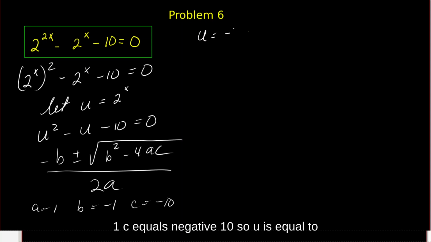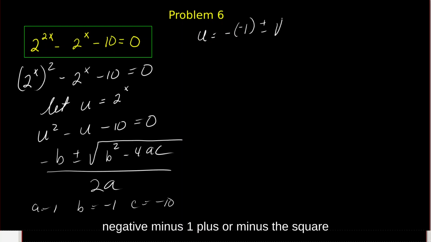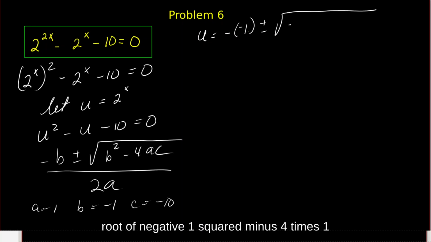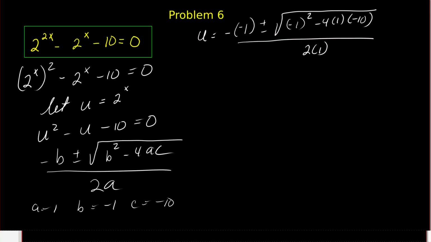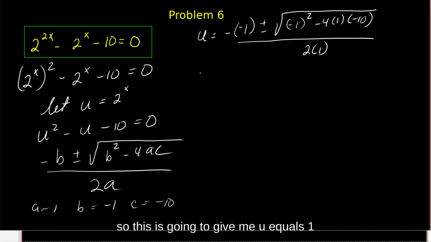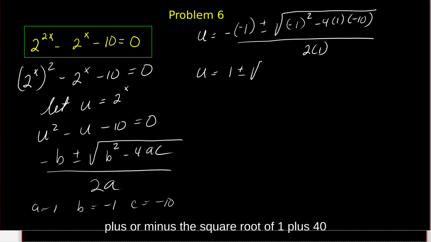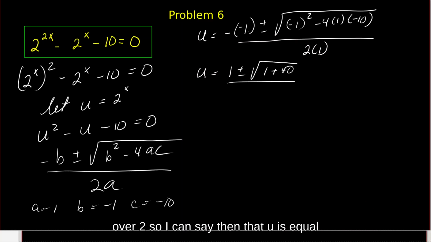So u is equal to negative negative 1 plus or minus the square root of negative 1 squared minus 4 times 1 times negative 10, all this over 2 times 1. So this is going to give me u equals 1 plus or minus the square root of 1 plus 40 over 2.